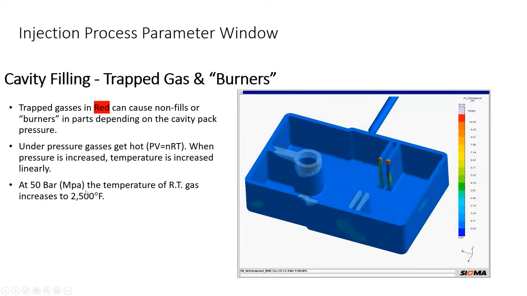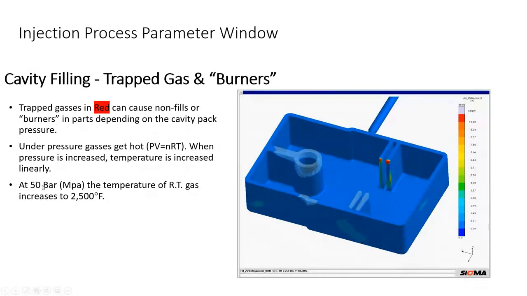When you have a gas and you're injecting at high pressures, for example, 50 bar is very typical, assume this was first at room temperature and then we apply 50 bar of pressure. Under PV equals nRT, if the pressure goes up, then the temperature has to go up to compensate in a linear fashion.